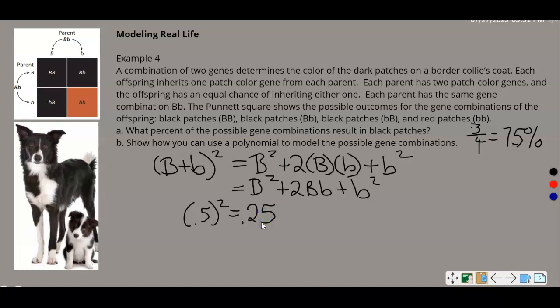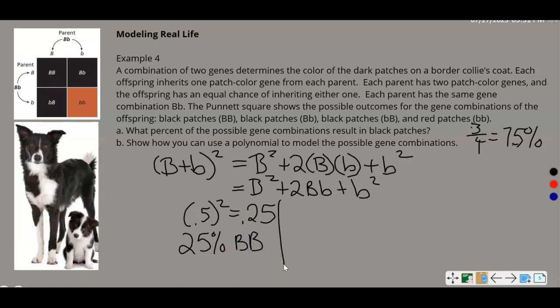So that is 1/4. So 25% would be capital B and capital B.